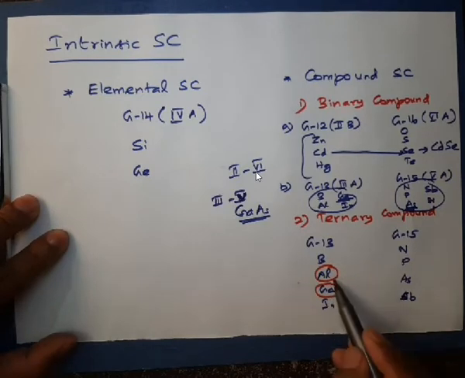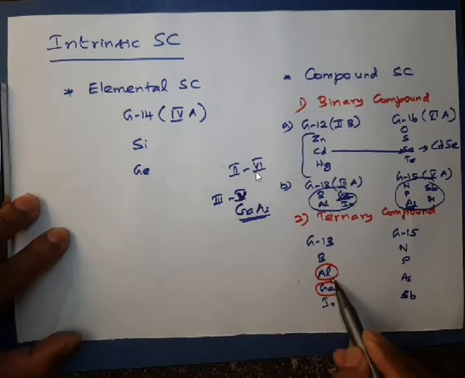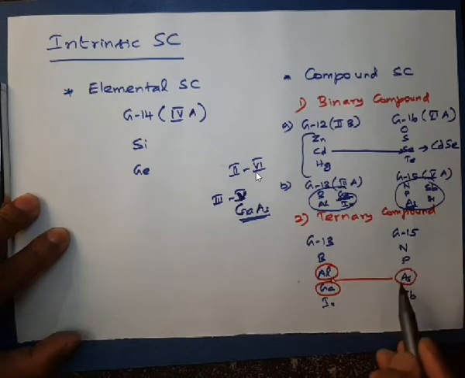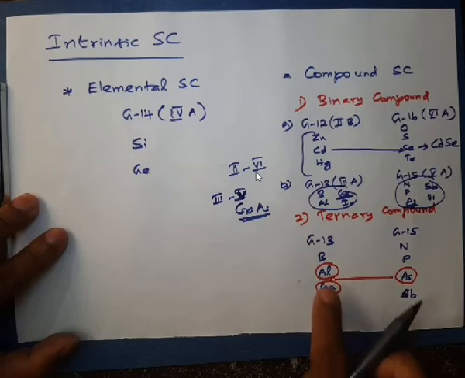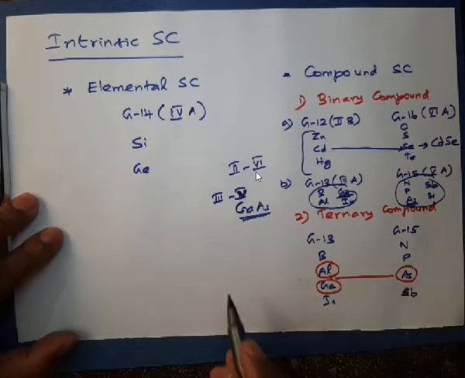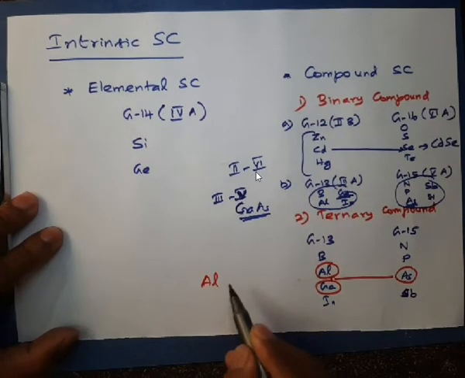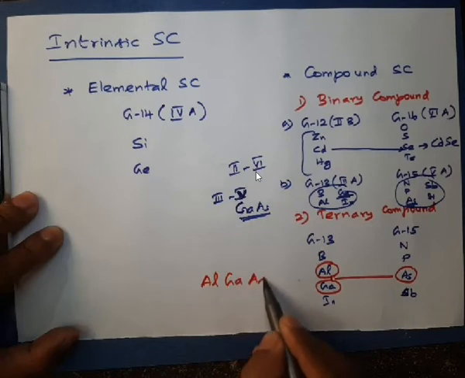Then I'll combine these two with an element from group 15, arsenic. If I combine these three, I'll get a compound called aluminium gallium arsenide.